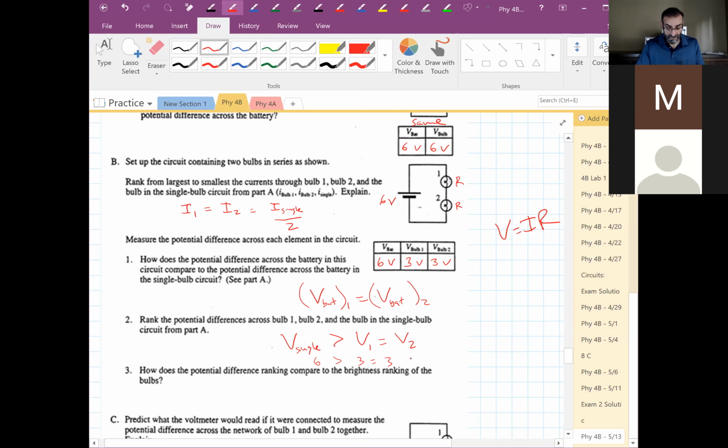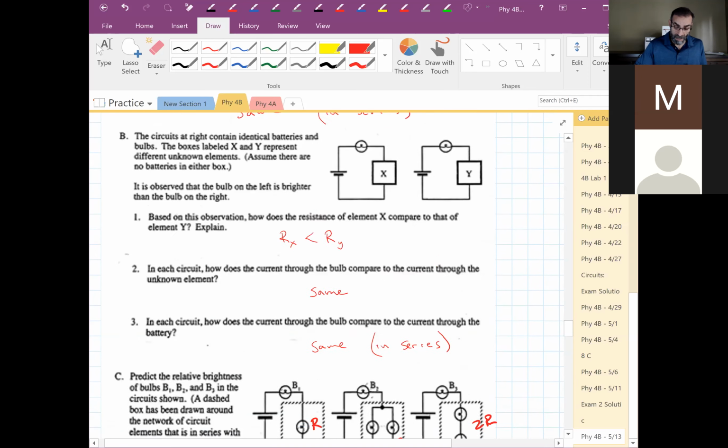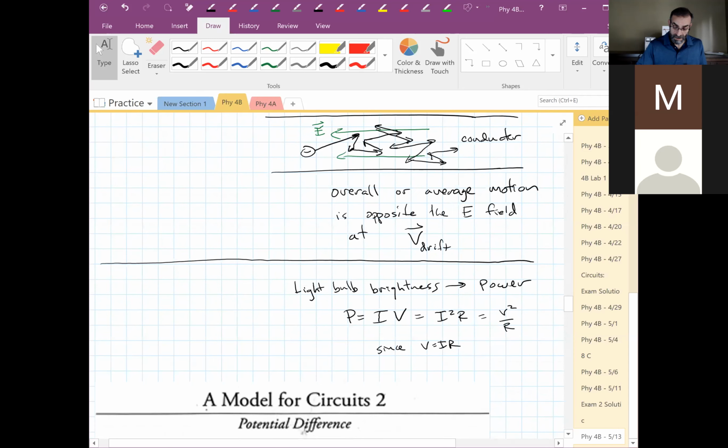Okay. How does the potential difference ranking compare to the brightness ranking? Oh, okay. They're trying to show that the potential difference is the same. So let's go back up to our power. Remember, the brightness of these bulbs is proportional to power.